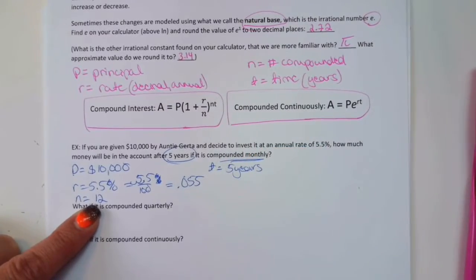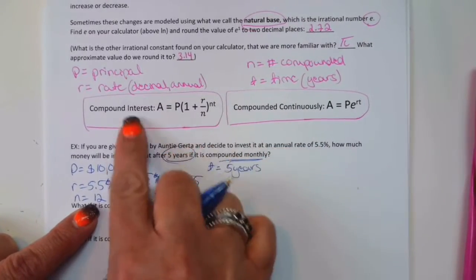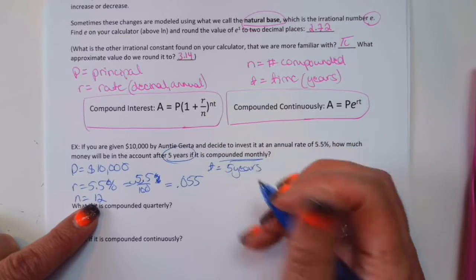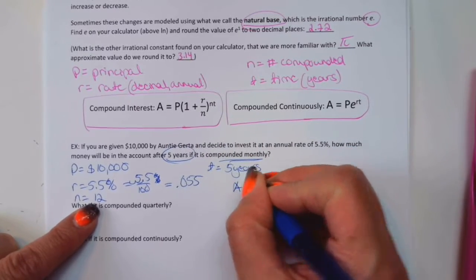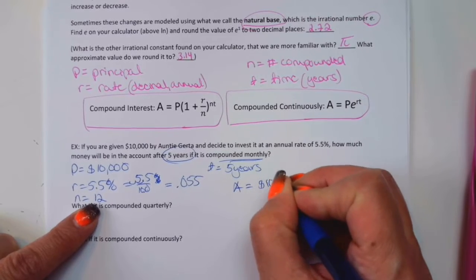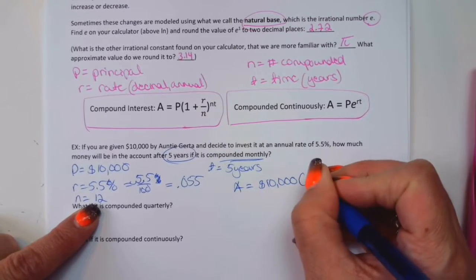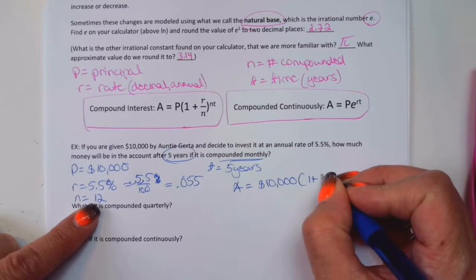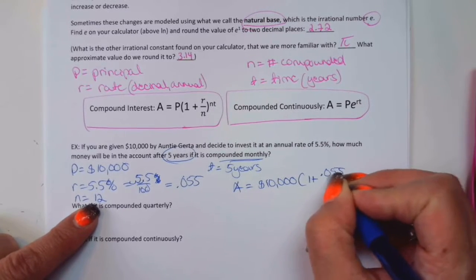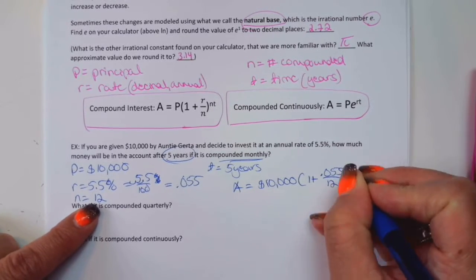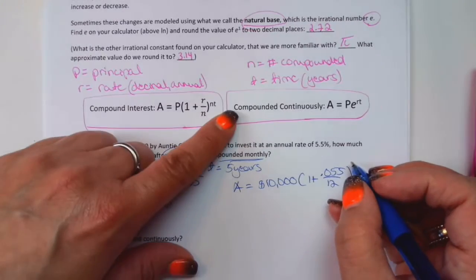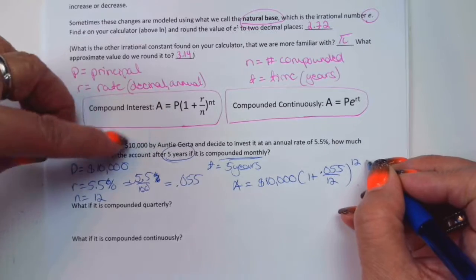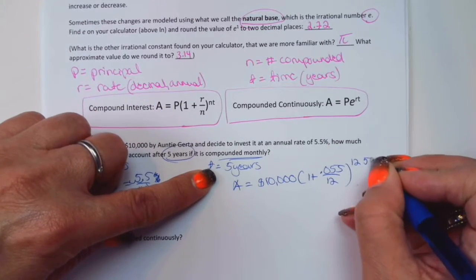So now we have all the information we need, and we're going to use this formula here because we're not compounding continuously. So $10,000 times 1 plus our rate 0.055 divided by n, which is 12, to the power of n, which is again 12, times our years T, which is 5.